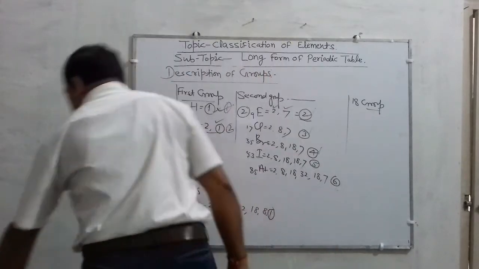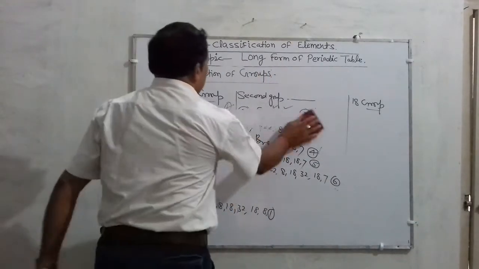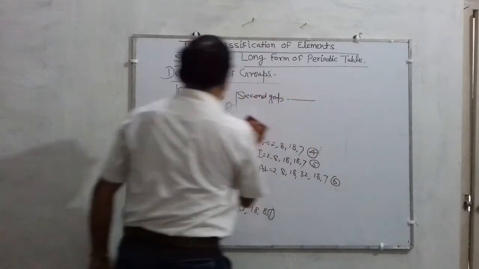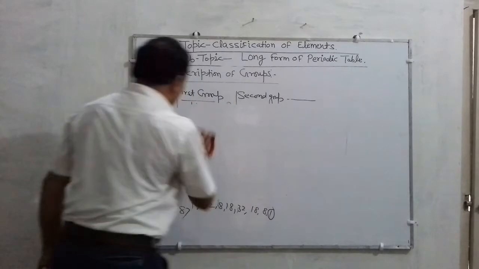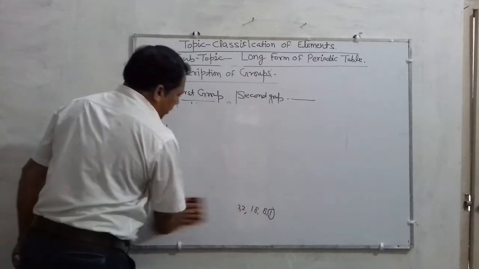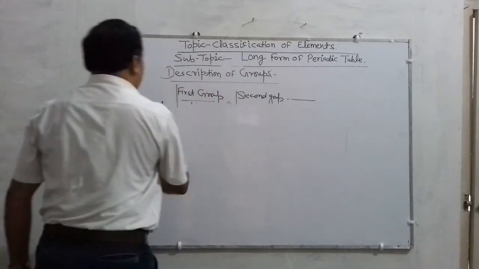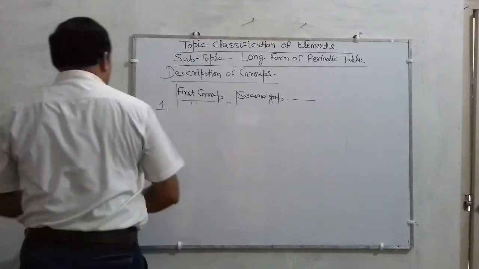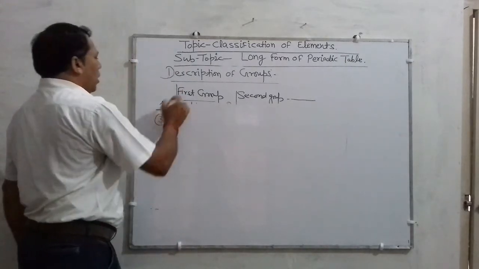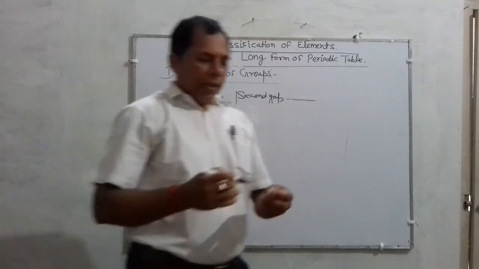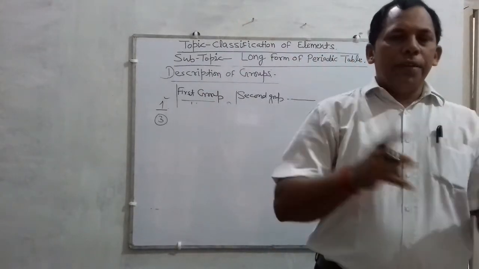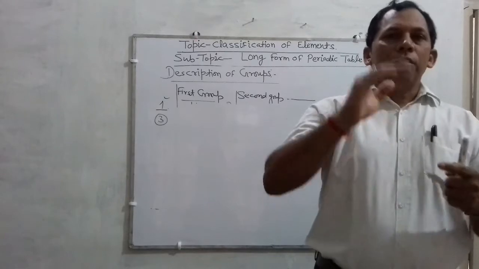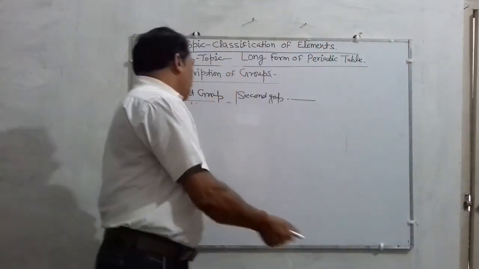Next property of these groups, that is, the elements present in a group exhibit similar chemical properties. Listen sincerely. The third property of the group is, the elements present in a group exhibit or possess similar chemical properties.